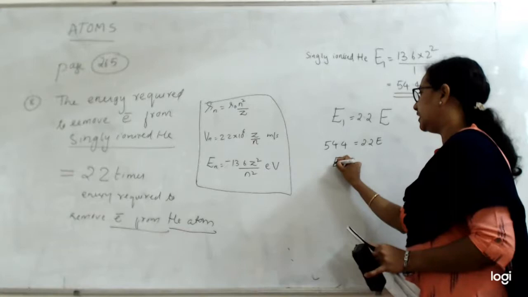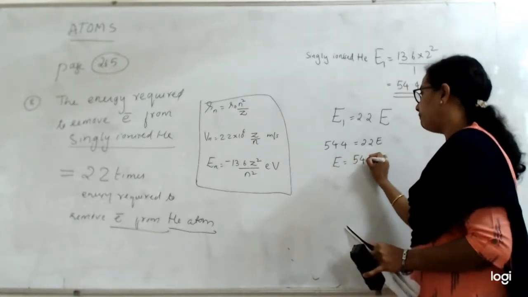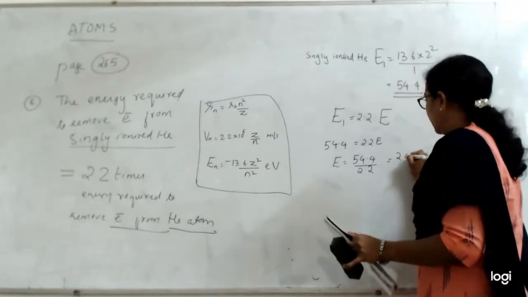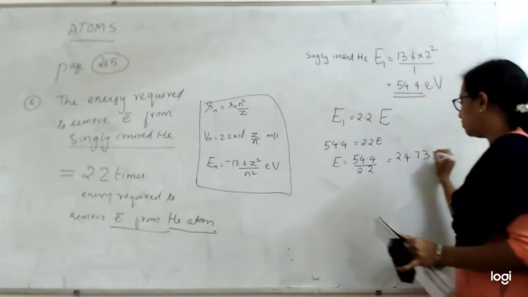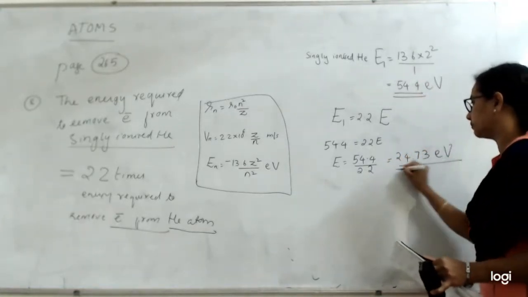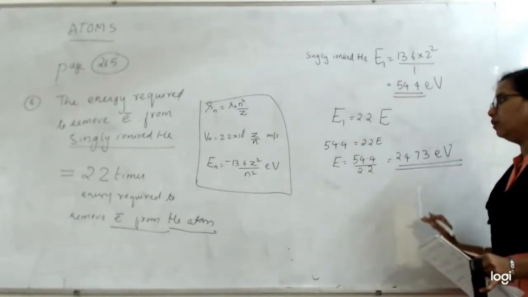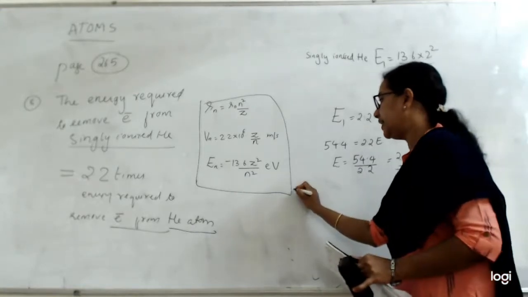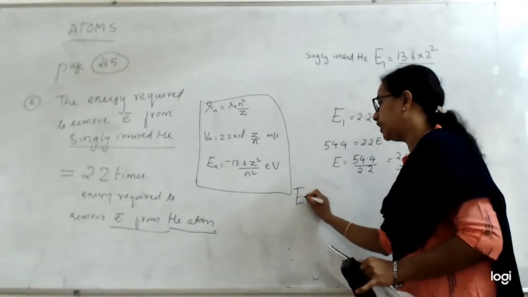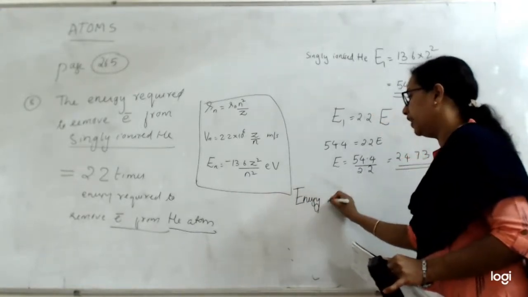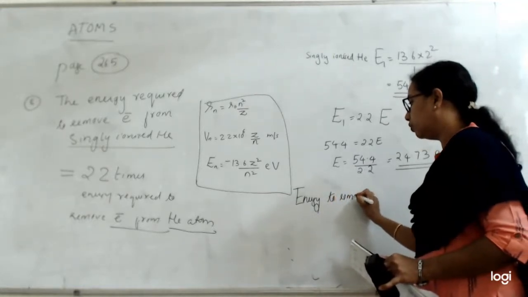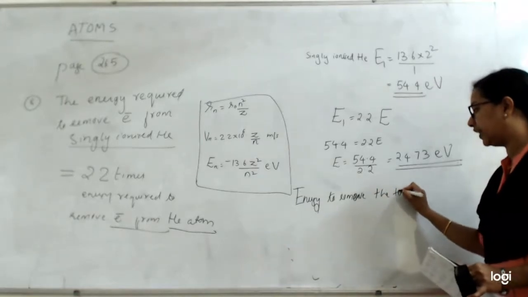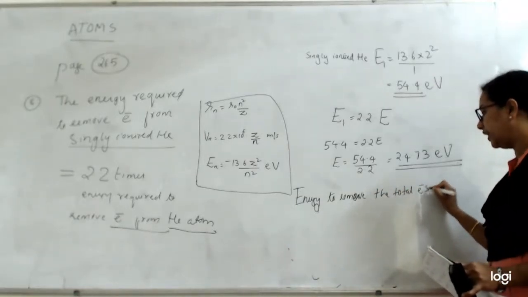So what is E here? 54.4 divided by 2.2, that is 24.73 electron volts. Now, we got two cases. The question is, what is the energy required to remove the total electrons of helium?